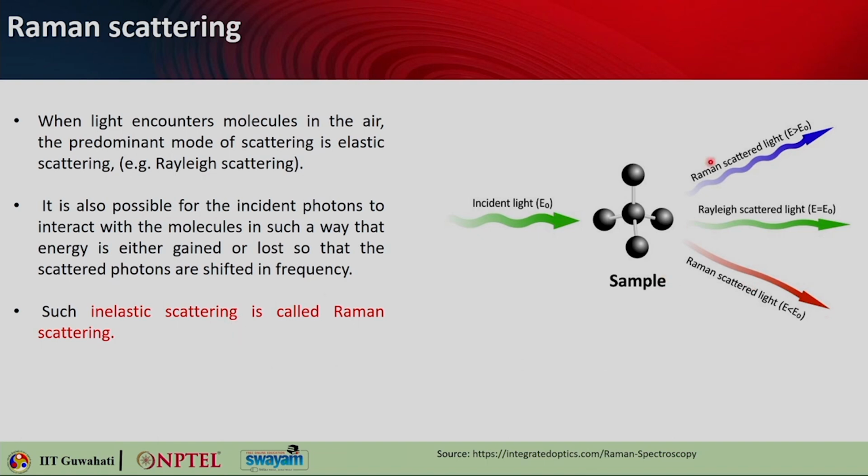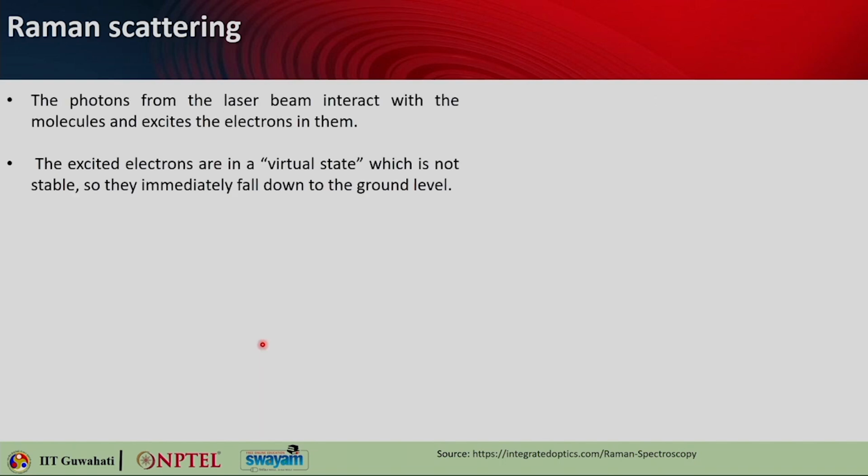This kind of scattering is called inelastic scattering, where the momentum is not conserved because there is energy exchange between the molecule and the light. Inelastic scattering is called Raman scattering, or we can say Raman scattering is an example of inelastic scattering.